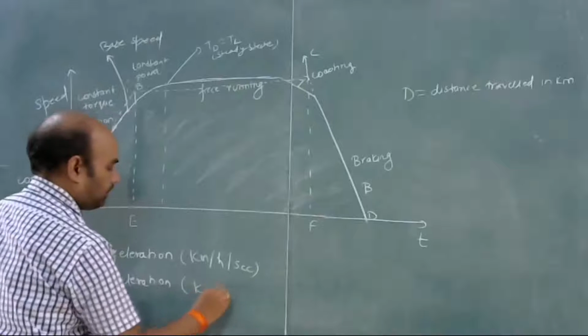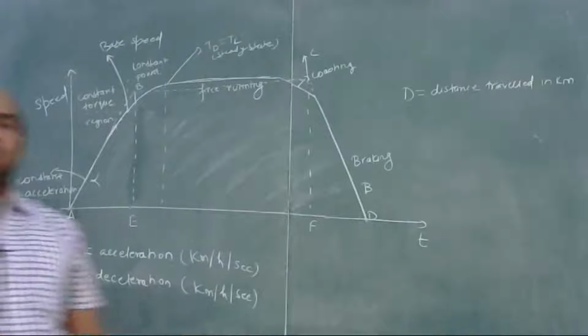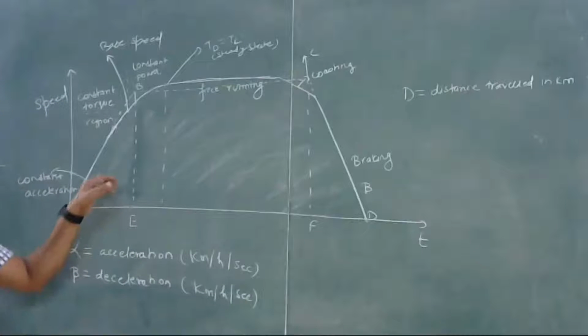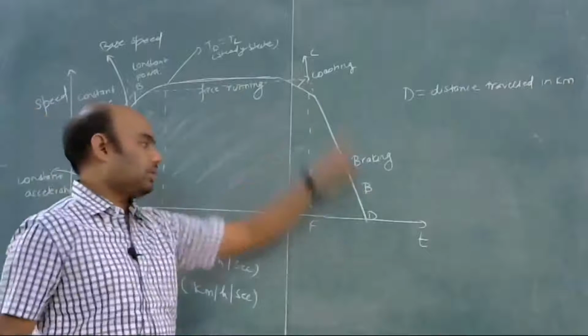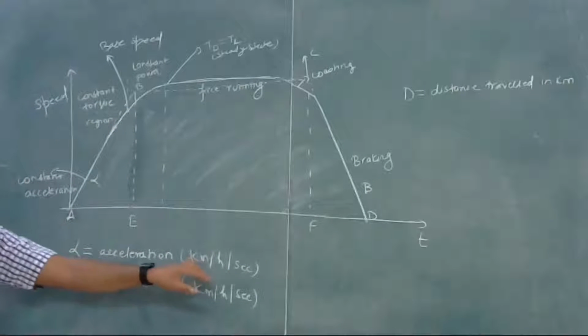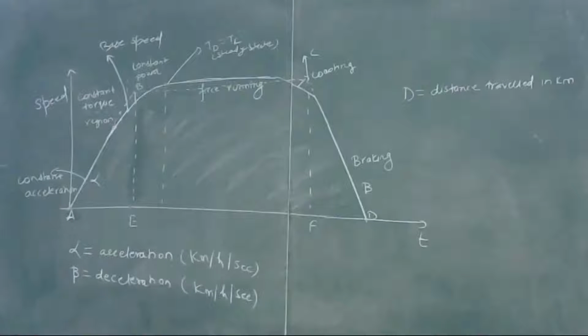Similarly, kilometer per hour per second. Okay. So what we have assumed? We have assumed that alpha is the acceleration. Okay. And beta is the deceleration, and units are the same, kilometer per hour per second.